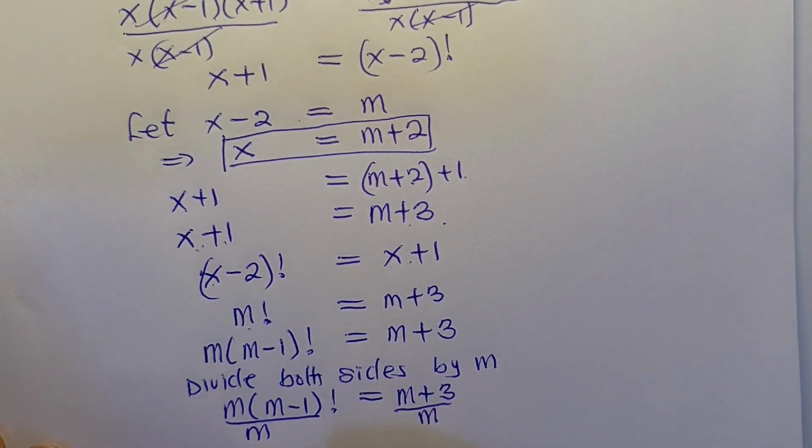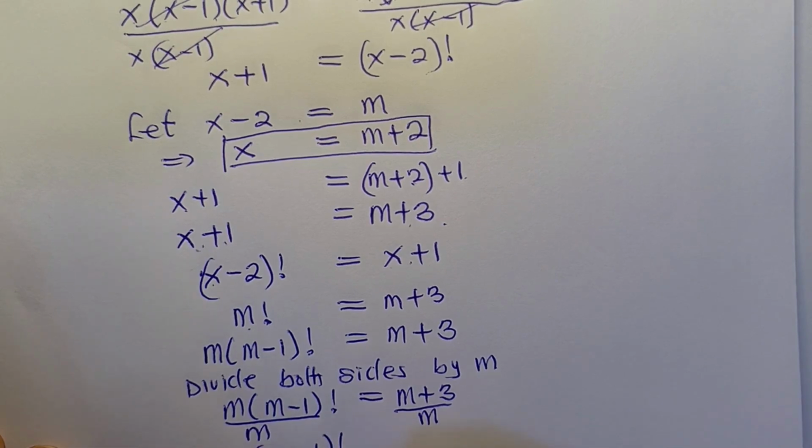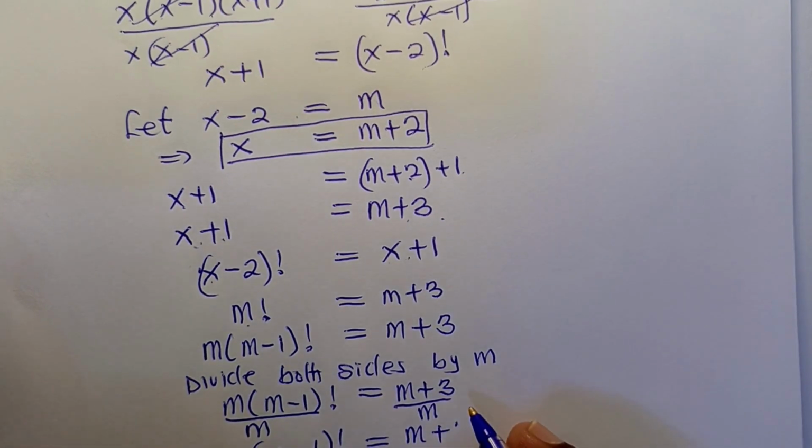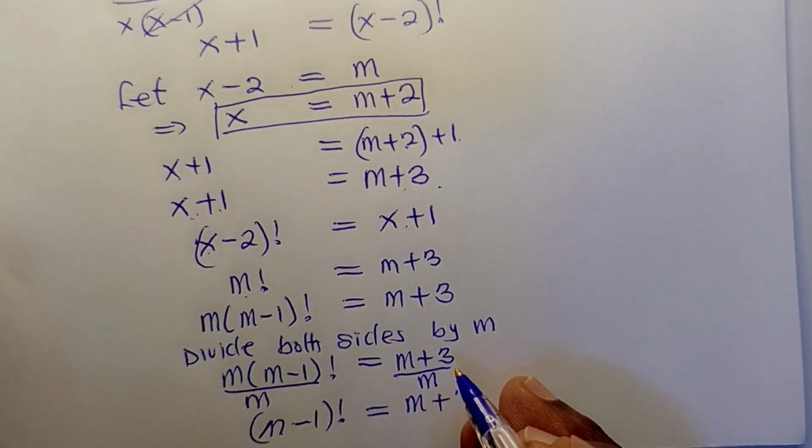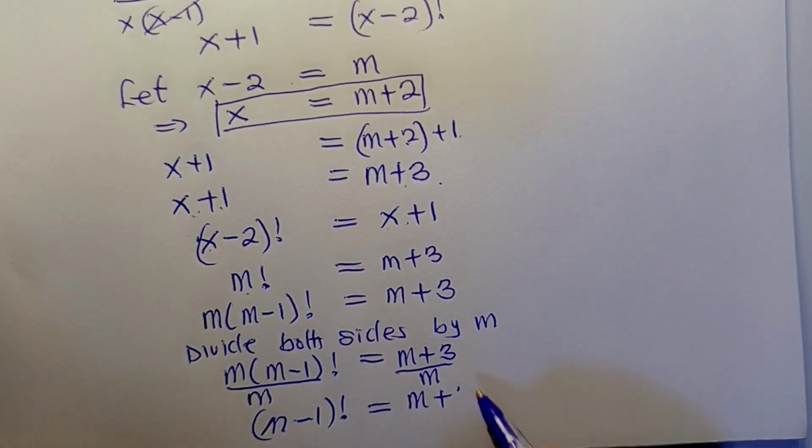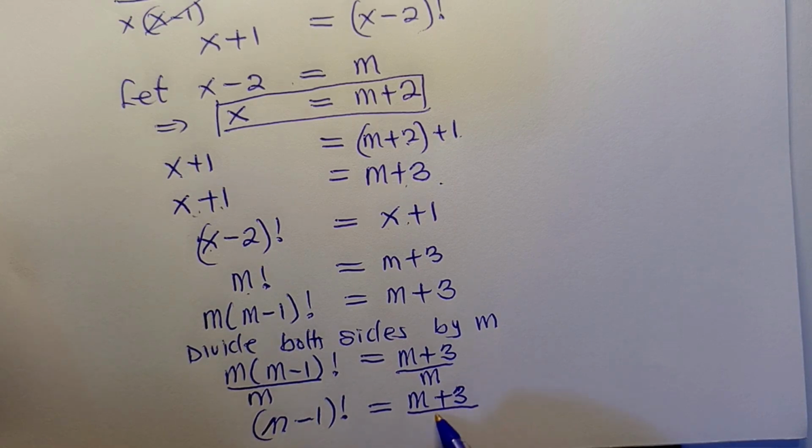So we now have (m minus 1) factorial equals (m plus 3) divided by m.